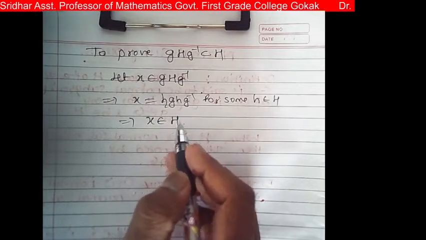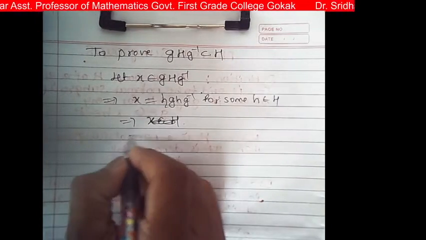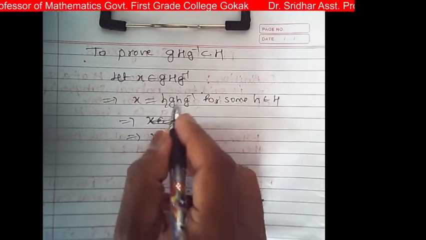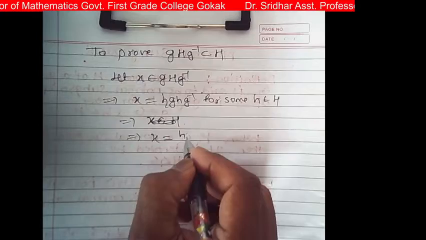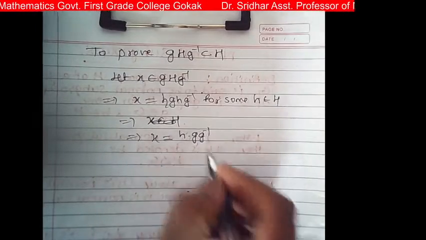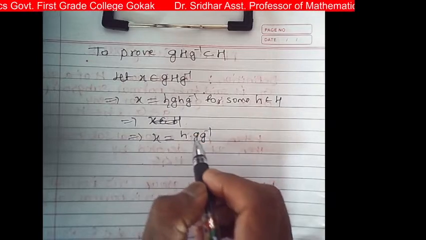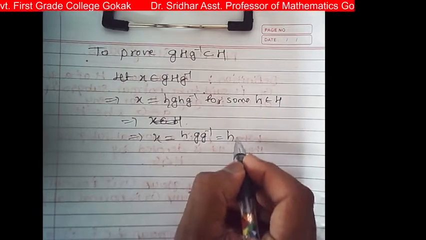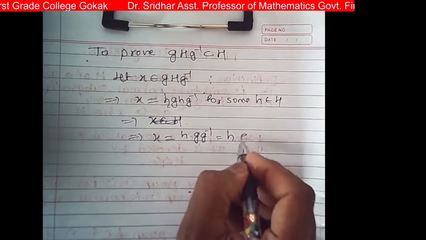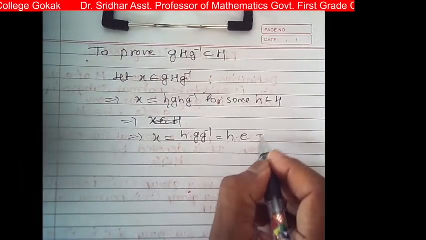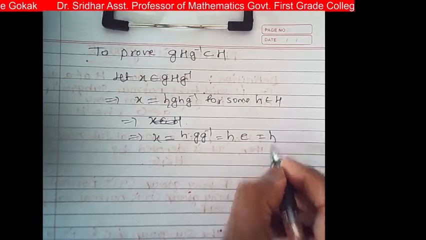Why is it like that? Because here this implies that x is of the form ghg inverse, which can be written as h into g inverse. Take this h g inverse, or equal to h into g inverse, which is nothing but the identity element e. So h into the identity element is h only.